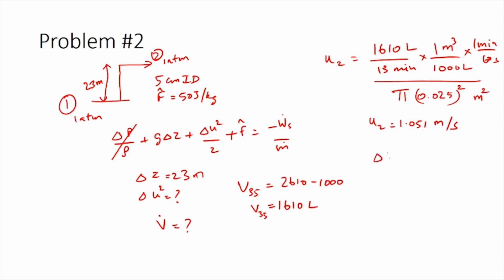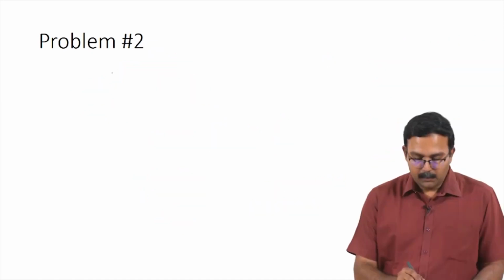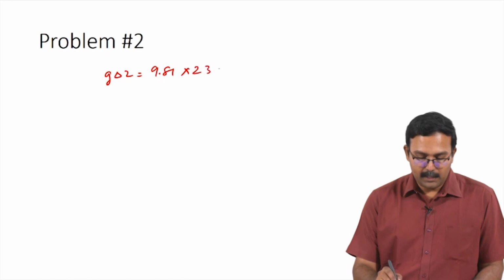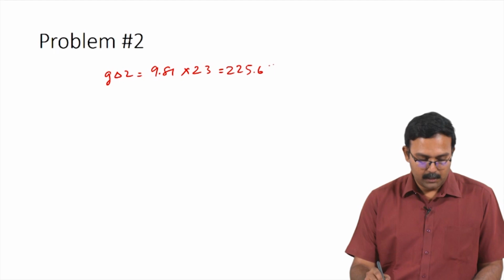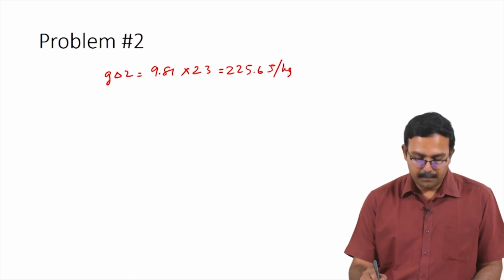So, we can calculate Δu² by 2 as 1.051 whole squared divided by 2, which is equal to 0.552 joules per kilogram. As we already knew the value for Δz, we can calculate gΔz as g is 9.81 times Δz is 23, giving a value of 225.6 joules per kilogram.